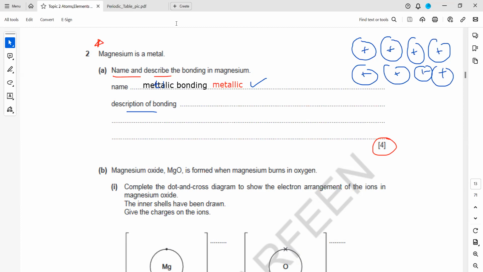So you will mention the electrostatic attraction between the lattice of positive ions and the free electrons, and a delocalized electron. That's also right.